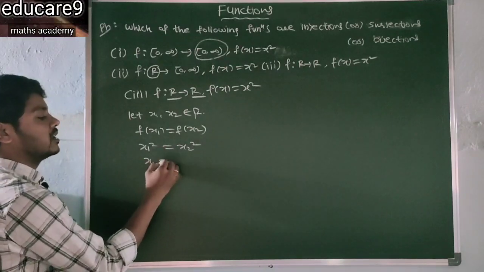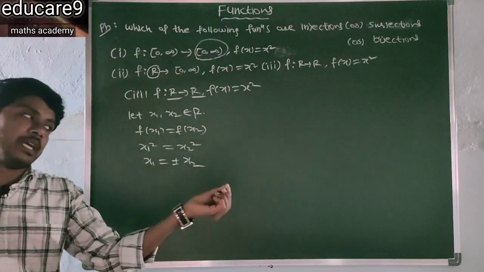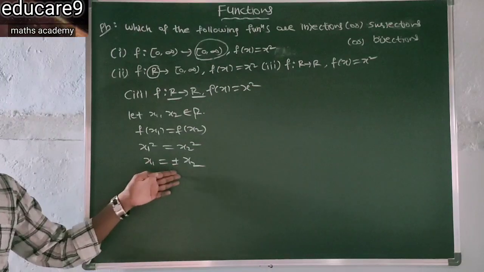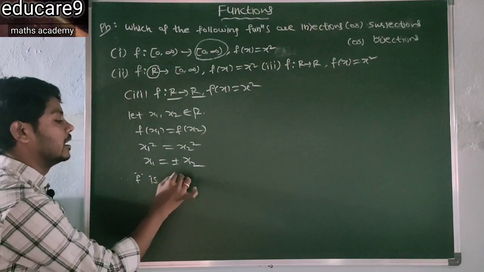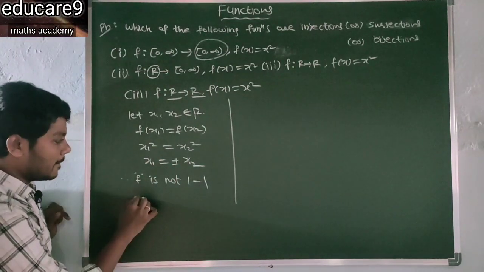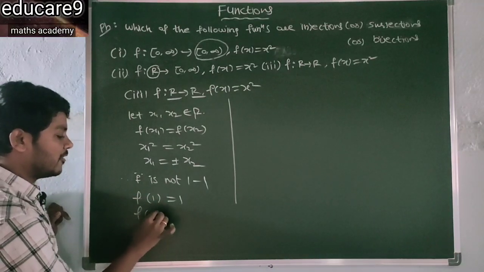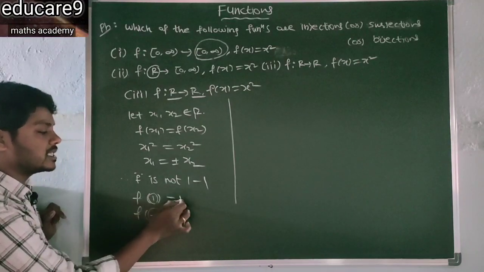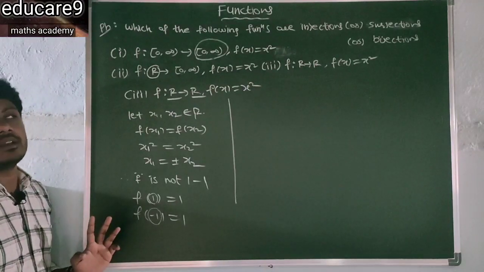You get x1 is equal to plus or minus x2. So clearly x1 has two images, one is minus x2 and another is plus x2. So clearly it is not 1-1. Therefore f is not 1-1. Or see here, f of 1 is 1, f of minus 1 is also 1. So clearly 1 and minus 1 have the same image. Therefore it is not 1-1.